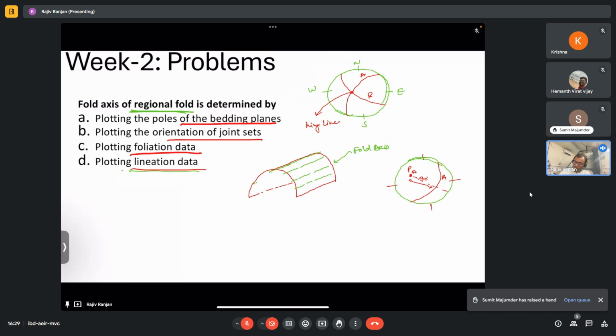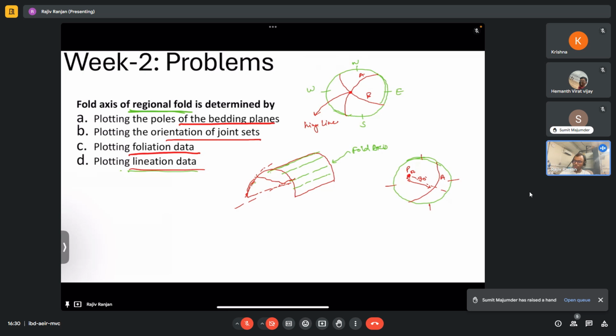If you plot the poles of all these different beds, they will give you a single line. With so many bedding planes, when you plot poles, they will lie very closely at one single point, and this is nothing but the fold axis.